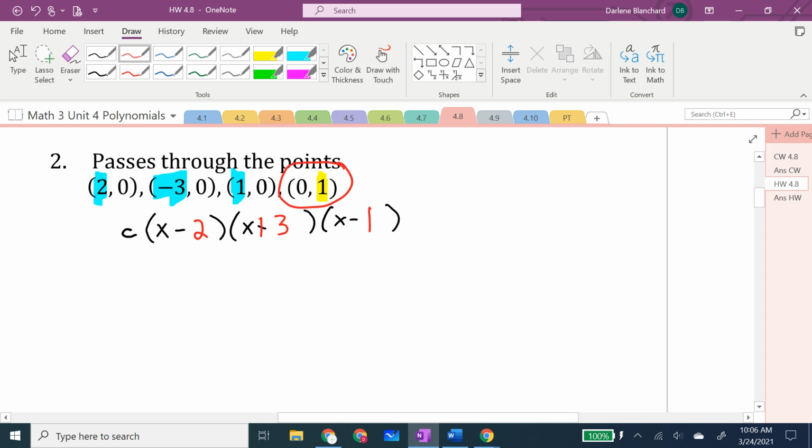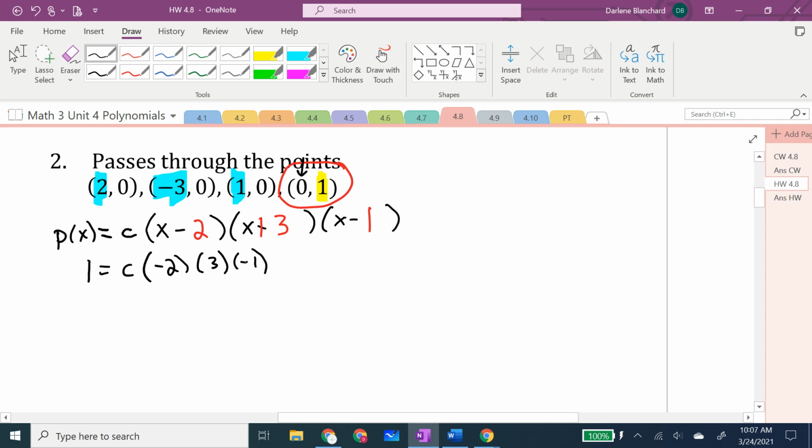This y-intercept, I will need to use that to find my leading coefficient. And if I want, I can find it right now. So this is what my polynomial is equal to. So this says if I plug 0 into x, my polynomial will equal 1. And if I plug in 0, I'm going to get a negative 2, a positive 3, and a negative 1, multiplying to that c.